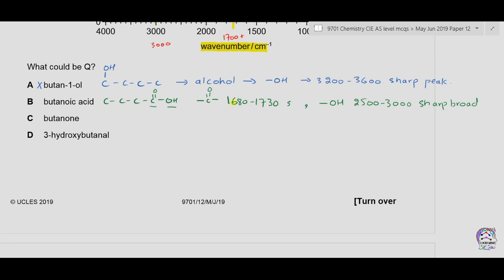As we can see, only carbonyl carbon peak is present at 1700 plus and there is no broad peak between 2500 to 3000, so therefore it is not butanoic acid.